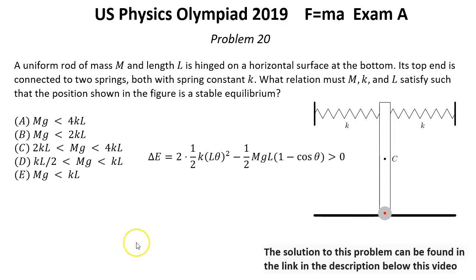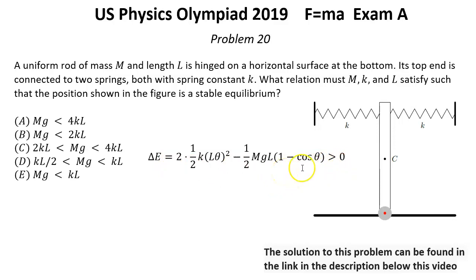So when we compress the springs, the increase of potential energy will be 2 times 1/2 K (L theta) squared, where theta is a small angle displacement, minus the change of potential energy for the center of mass, which is 1/2 mgL multiplied by (1 minus cosine theta). And this must be greater than 0.